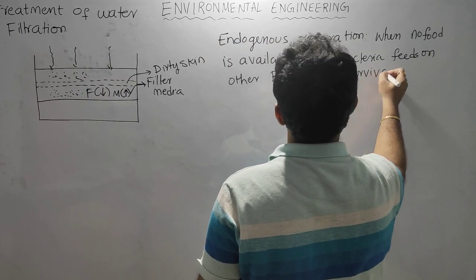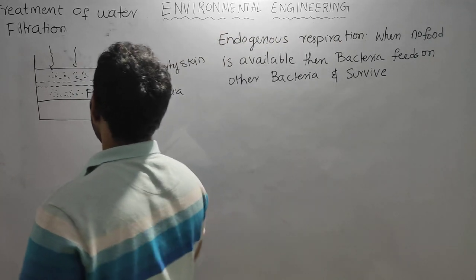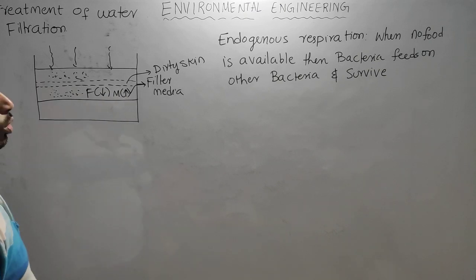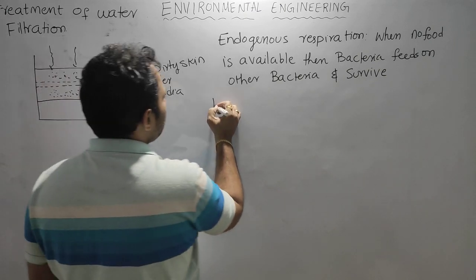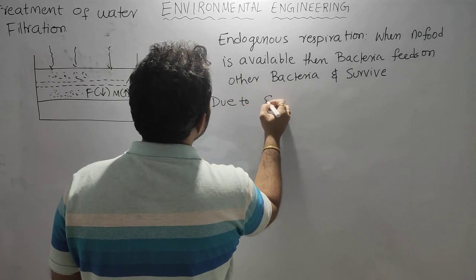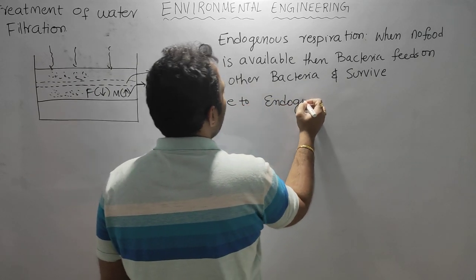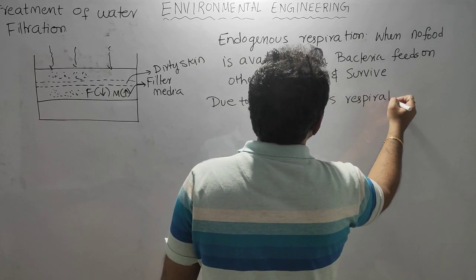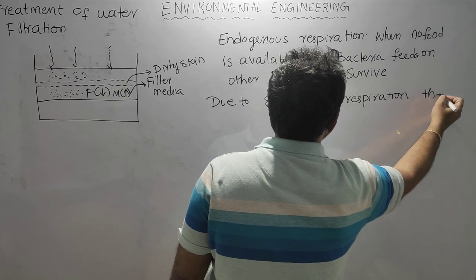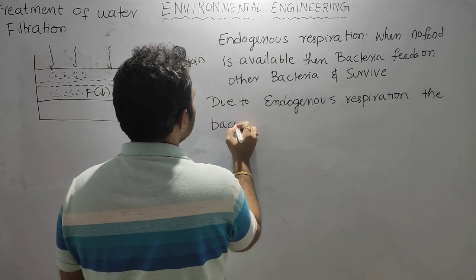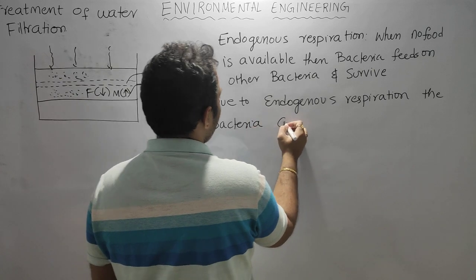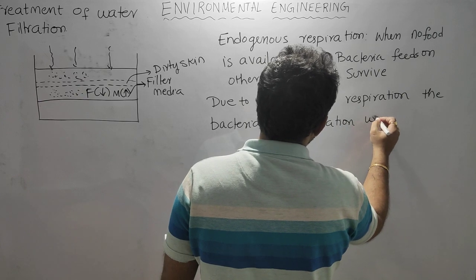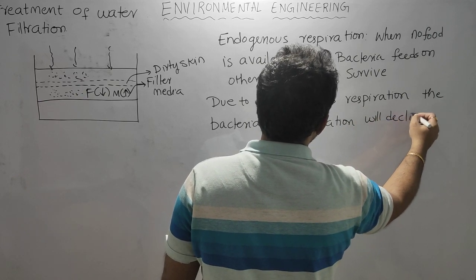So this is the thing, endogenous respiration. When the food is very less here, then endogenous respiration takes place. So due to endogenous respiration, the bacteria concentration will decline in the effluent.